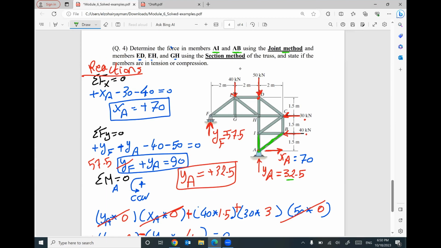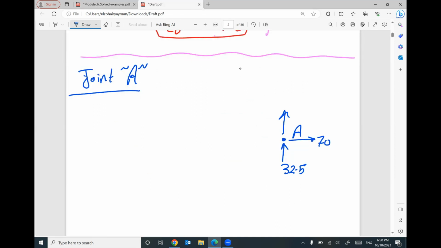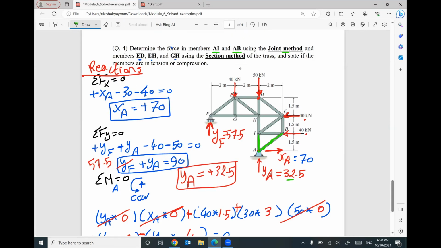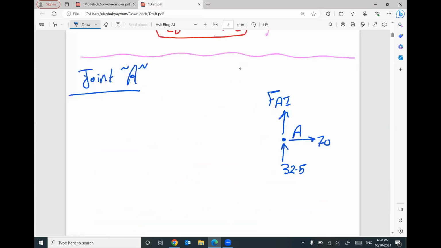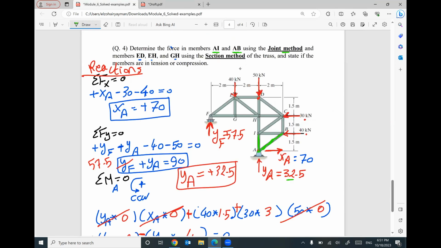We have this vertical member AI, and this inclined member AB. Nothing else. If you go back here, everything intersecting at A: vertical reaction, horizontal reaction, this member and this member. That's it.